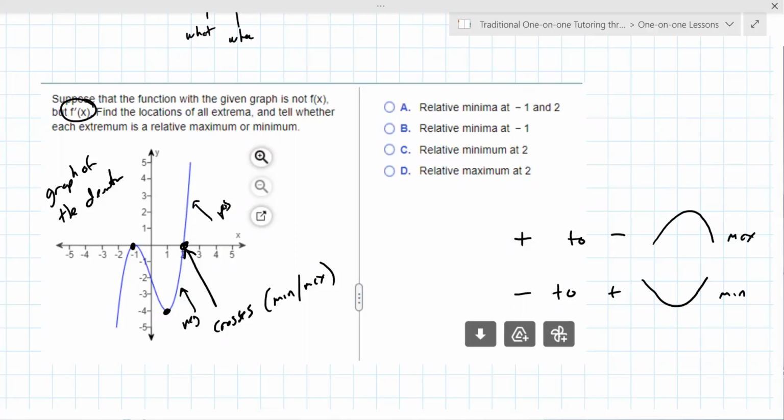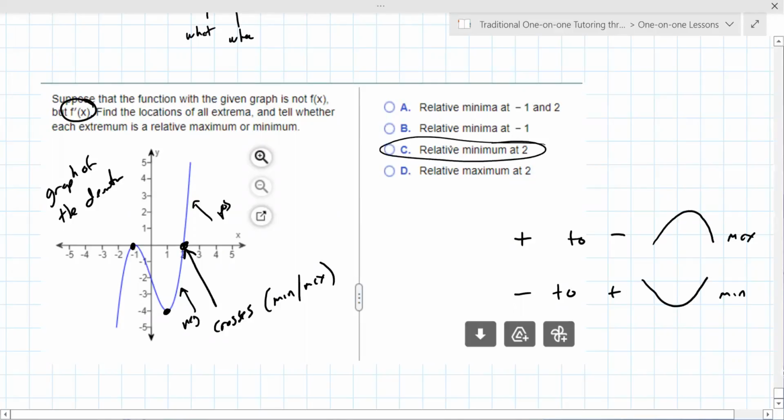So in this case, when it goes from negative to positive, is a min. So there's a relative minimum at 2.